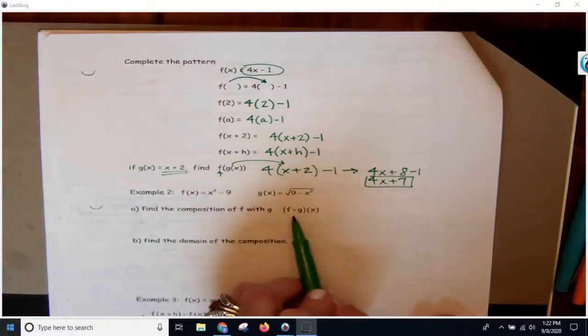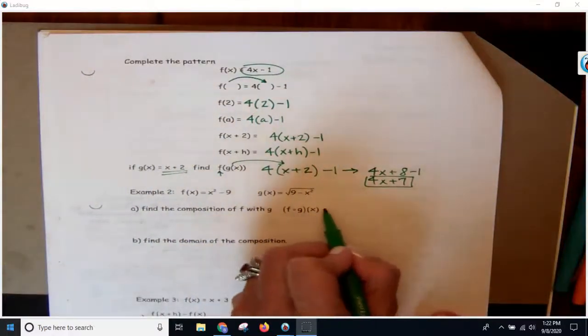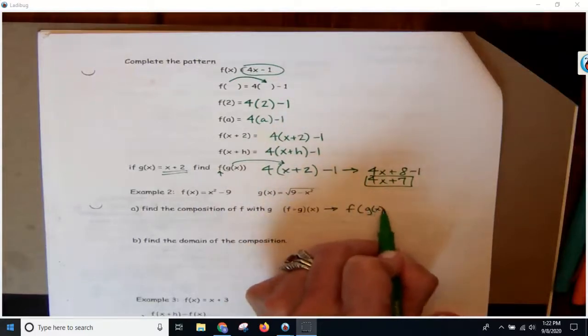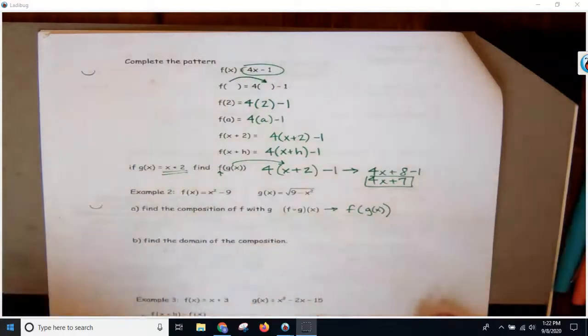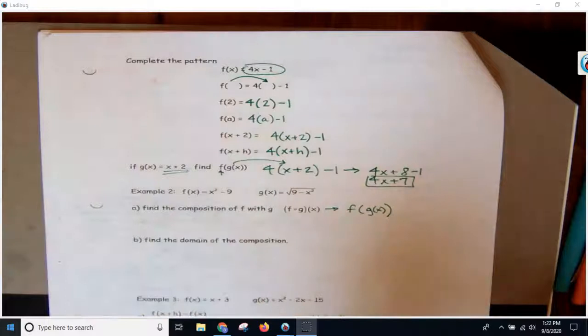Alright? So here this is the same thing. This f of g of x can be written as f of g of x. I'm not sure which one you prefer. It doesn't matter because they both mean the same thing.